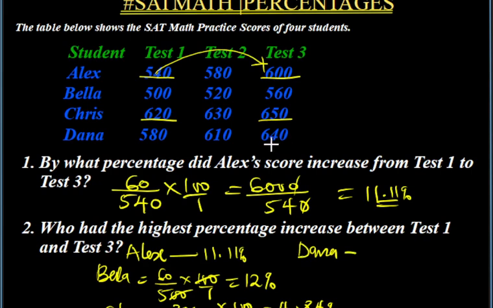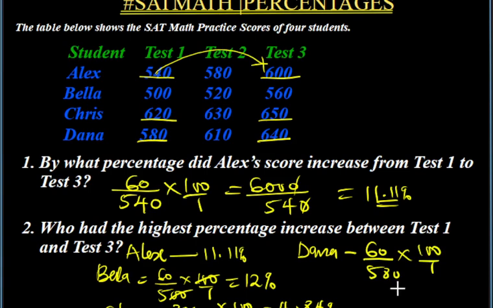Then for Dana, this is 640, this is 580. So the increase also is 60. So that will be 60 divided by 580, 60 divided by 580 times 100 over 1.